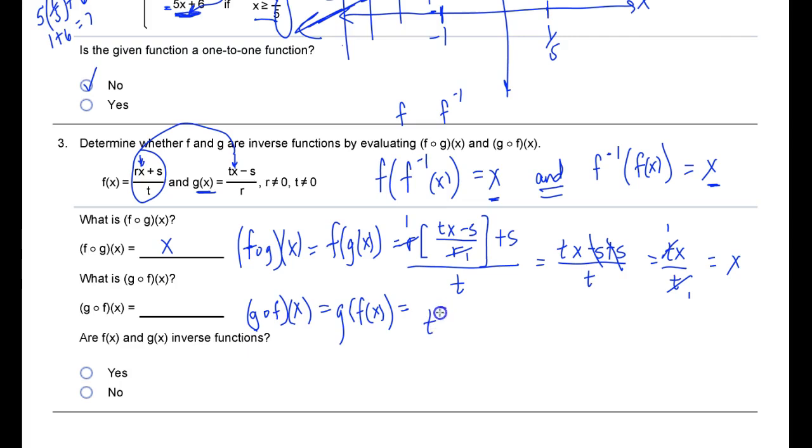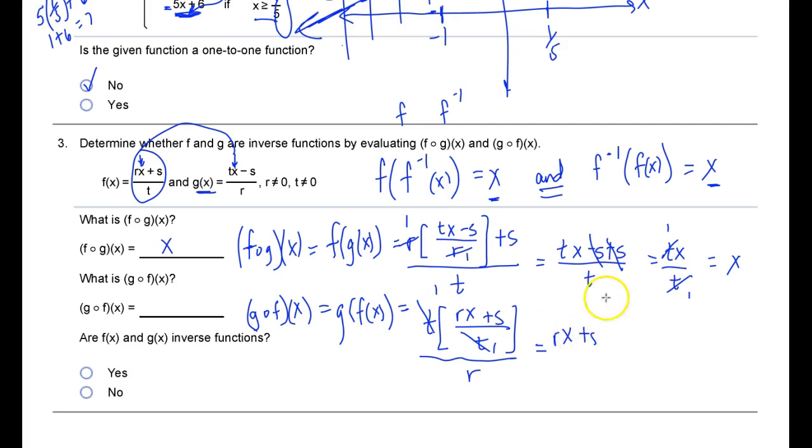So we'll have t times, and in place of x, (rx plus s) divided by t, and then all of that is divided by r. Similar to what we did earlier, we see that these t's reduce to 1, and we just have r times x plus s.